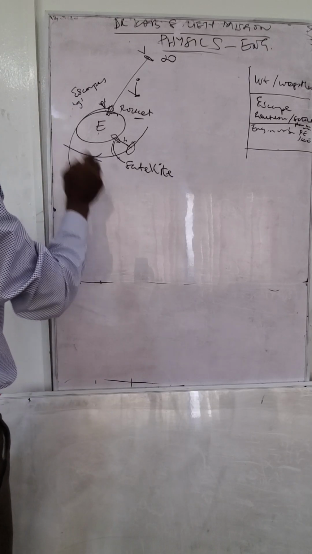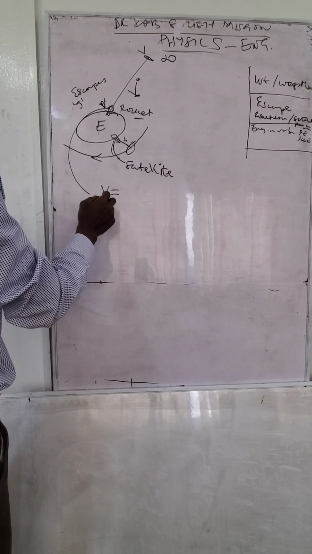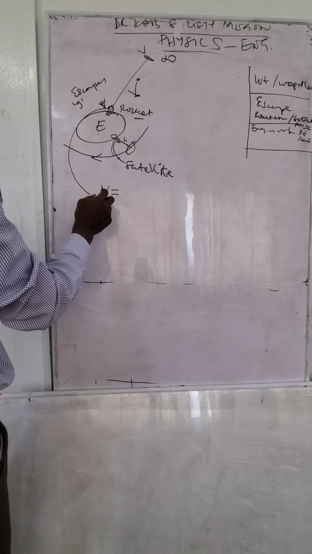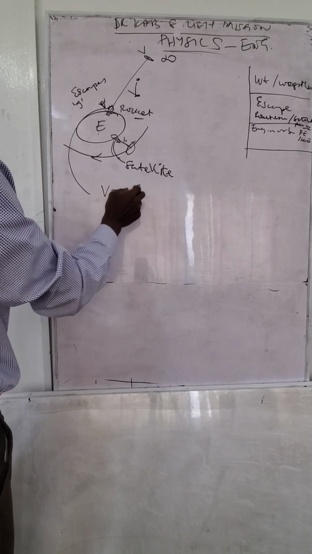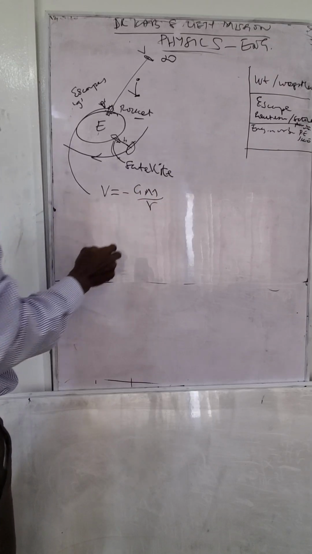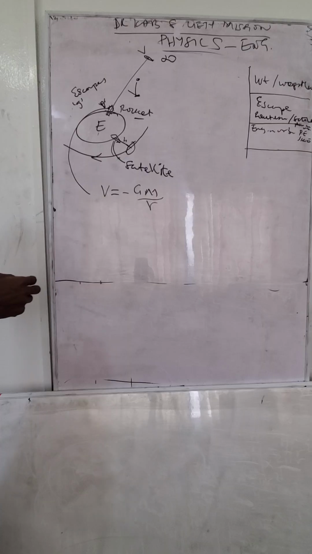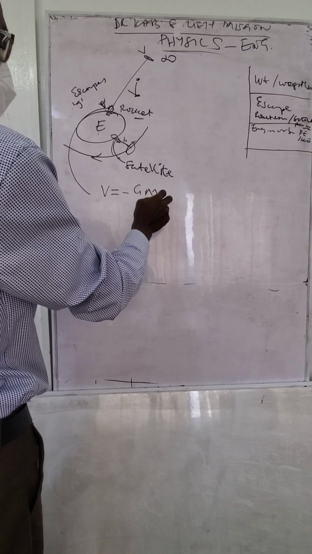So we know the potential. The potential for a body is what? Negative GM over R. Right? You can do the deductions and then get the answer. So there is a small m.